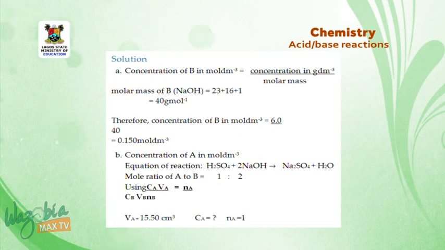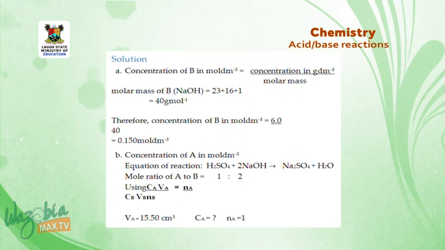This is equal to 23 plus 16 plus 1, which is equal to 40 grams per mole. Therefore, concentration of B in mole per dm cube is equal to 6.0 over 40, which is 0.150 mole per dm cube. It is important to note that concentration is written to 3 significant figures.